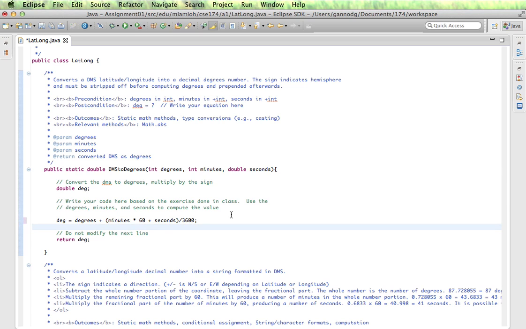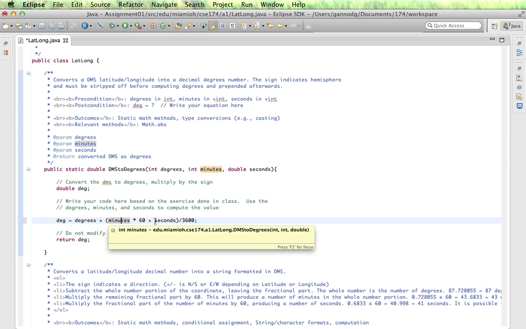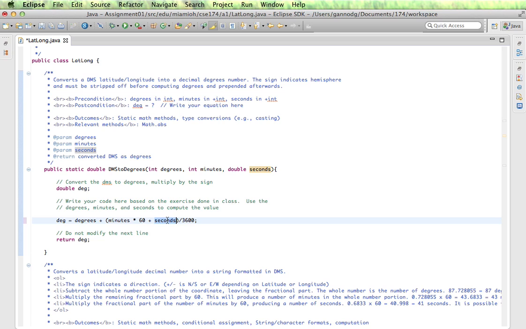And one of the things I want to point out here is that there is promotion occurring here, because we have seconds plus minutes times 60. This part of the equation is promoting minutes into a double. So initially we have an integer times 60 plus a double, and so this ensures that this entire thing gets promoted to a double, because you always promote in order of the complexity of the data type.